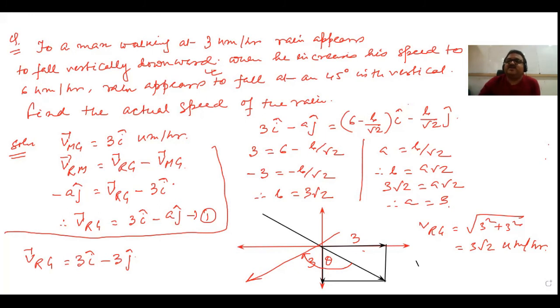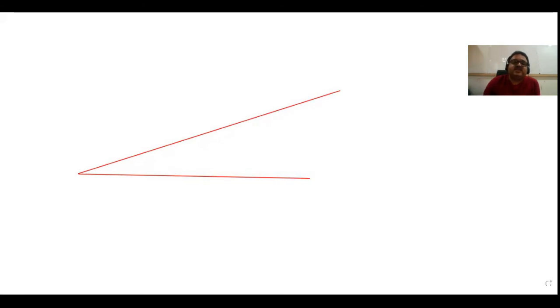Now let me show you one problem. Relate this with the inclined plane. And this is the last sum that I'm going to do in this lecture. So take this example. Suppose there's an inclined plane and a person is sitting on a bike or a cycle, whatever you can assume.